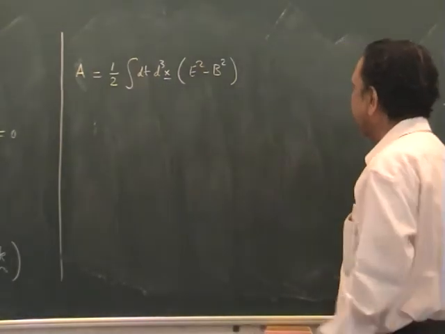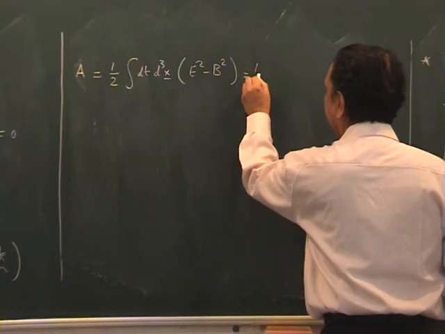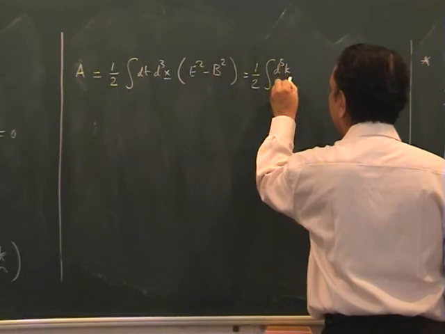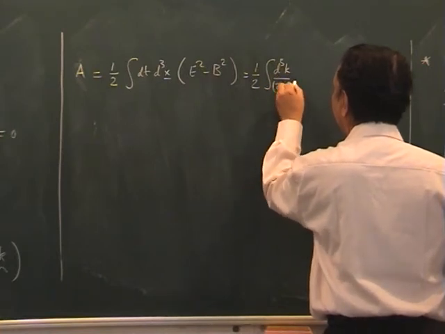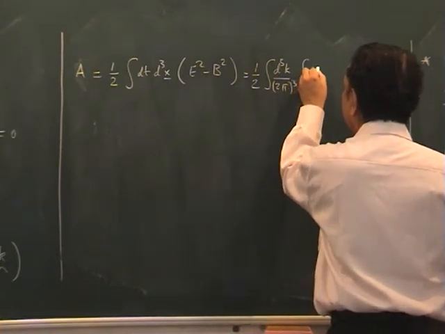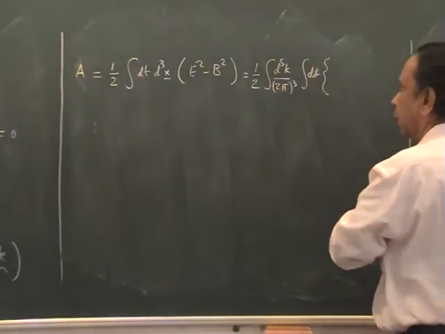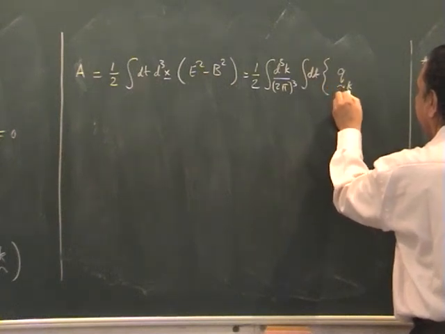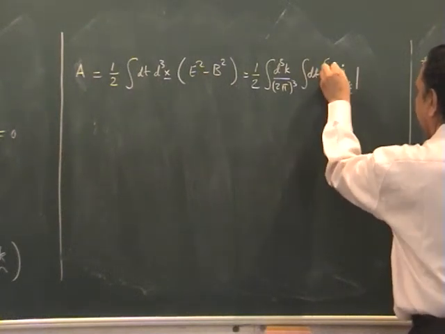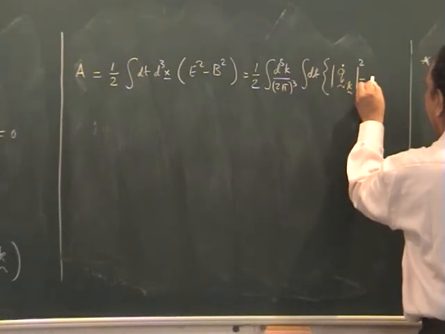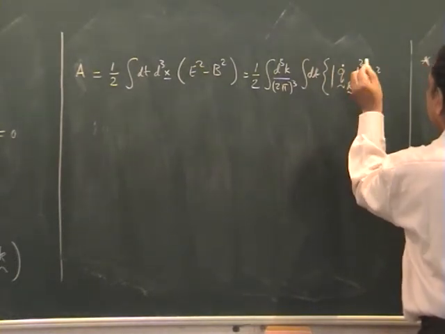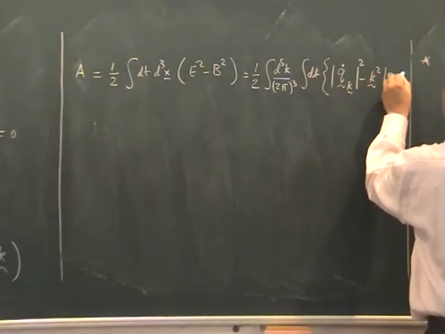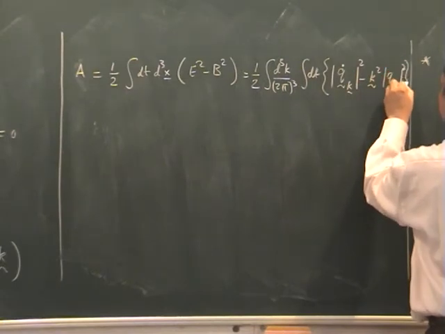So now you are writing everything in terms of harmonic oscillators. You will have half integral d^3k over (2π)^3, integral over dt, of the vector q_k dot, which is complex, squared minus k squared |q_k| squared.